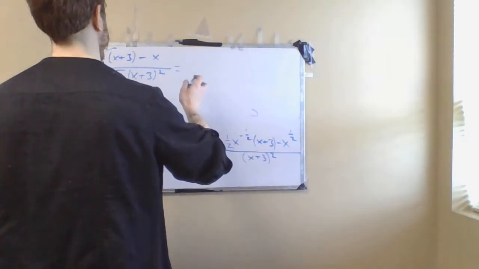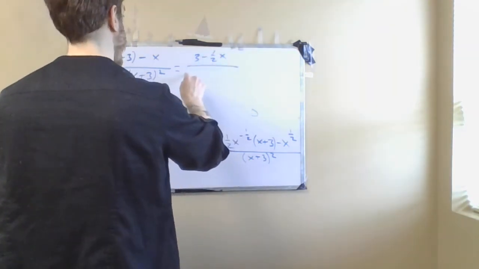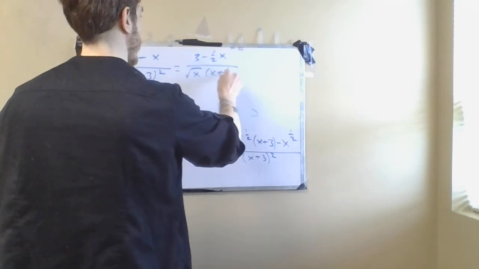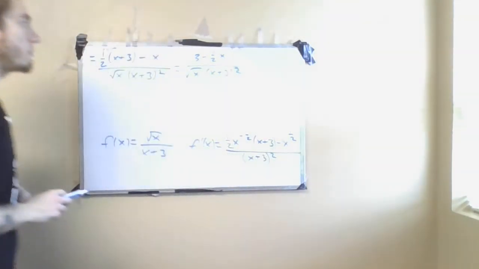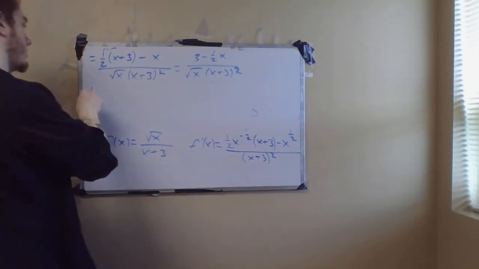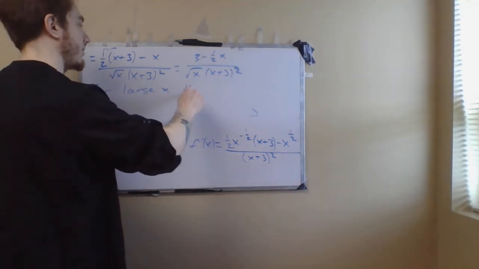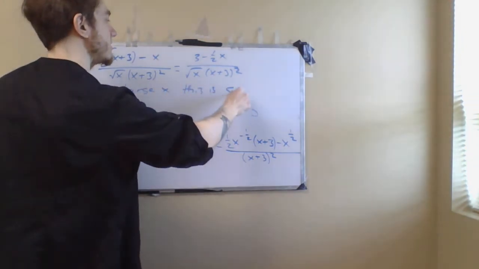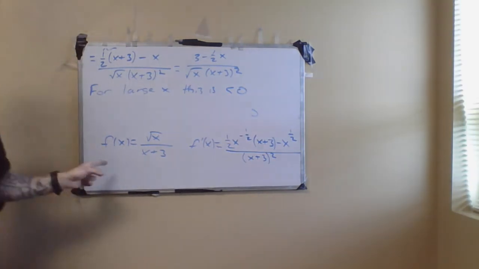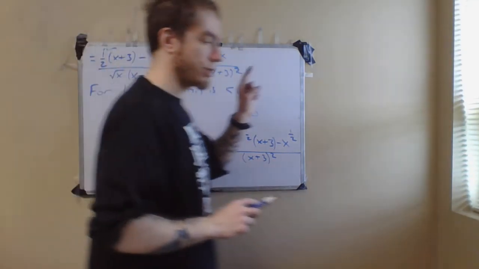So this is then going to become (3 minus 1/2 x) divided by square root of x times (x plus 3) squared. Now, this is not necessarily always negative. But for large x, this is less than 0. And therefore, this function is decreasing as long as x is large.